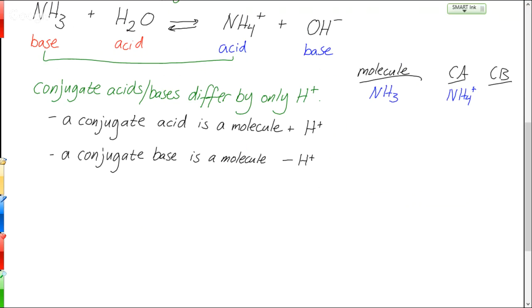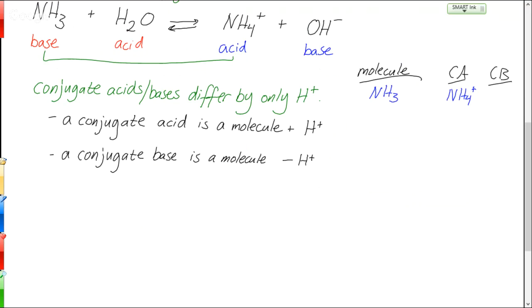All right, so let's look at the opposite then. What's the conjugate base of ammonia? What happens if ammonia loses H plus? What molecule is left? What's left?